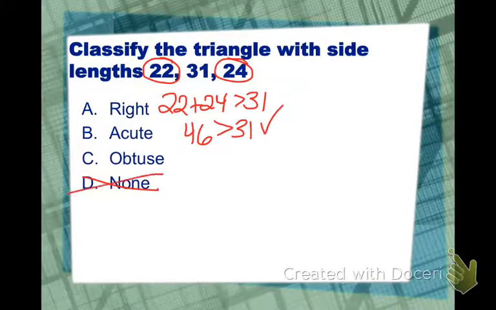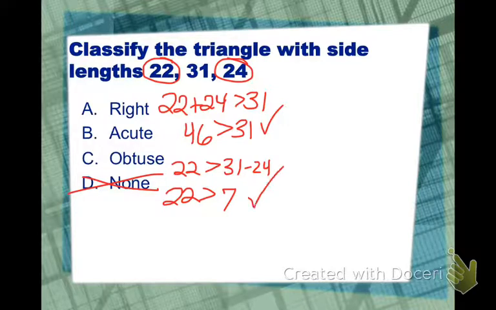Okay, so again, this is a triangle, and I skipped over the shortest side only because the side lengths are fairly large and the numbers are all pretty close together, but you could check to see that the shortest side, 22, is greater than the difference of the other two. I skipped that, but only because it's so obvious here that 22 is greater than 7. But you would want to check that as well. You don't want the shortest side to be too short.